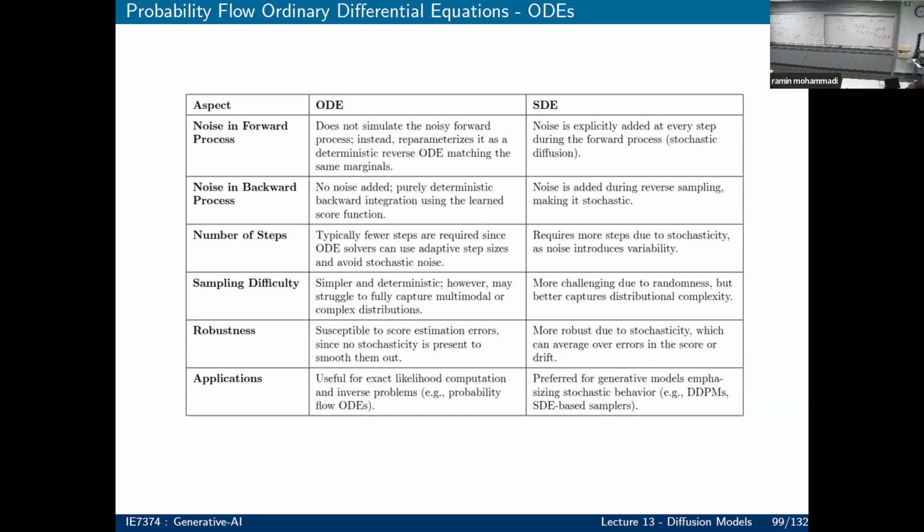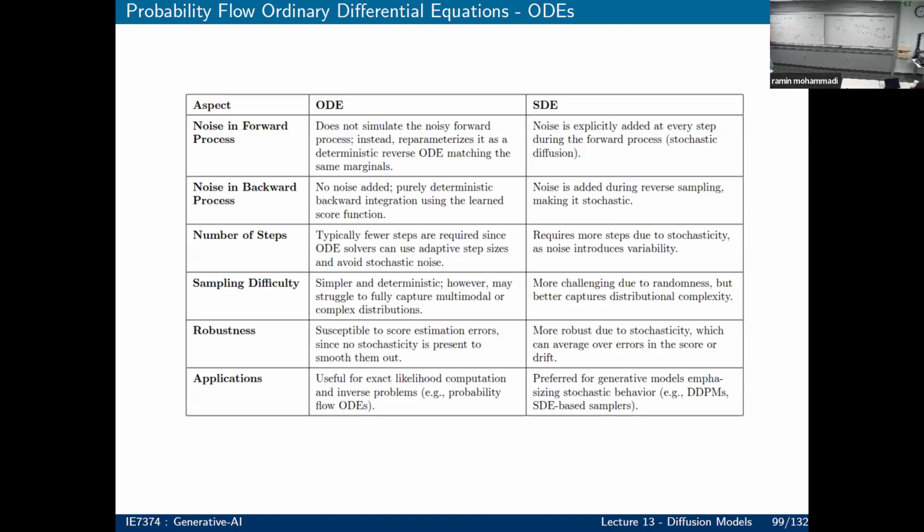In the ODE you take fewer steps, depending on how you look at it, but sampling becomes more difficult. The robustness is not that robust. It has its own issues, and it has certain applications only, depending on what you are trying to do. So SDE is still more favorable because it's pretty robust.